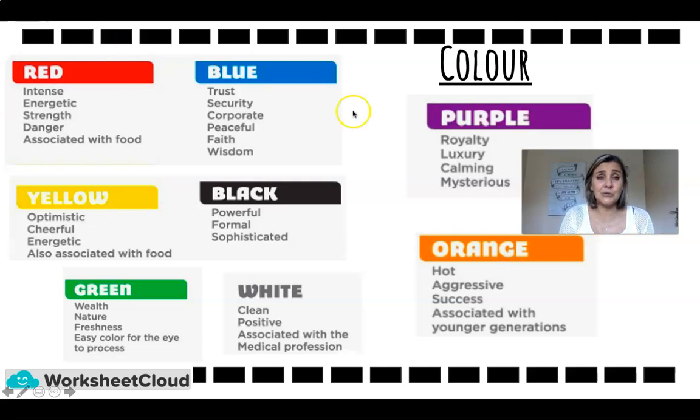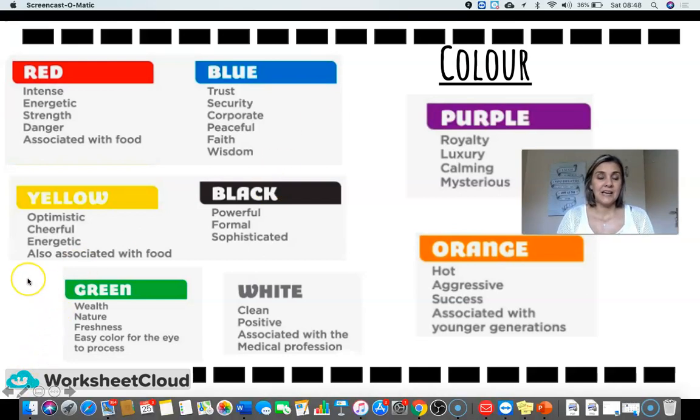If we look at blue, it's sort of indicating trust, security, corporate as in business-like, peaceful, think of the sea, faithful, wisdom. We look at yellow, like we said, it's a bright light, normally sunny, warm. So yellow normally is optimistic, cheerful, energetic also, and can also be associated with food.